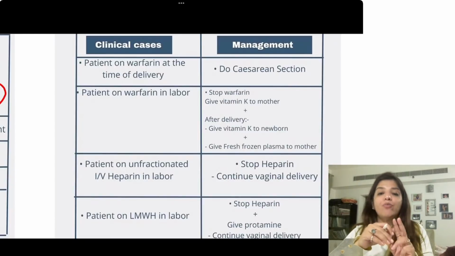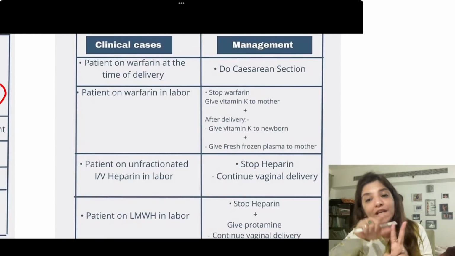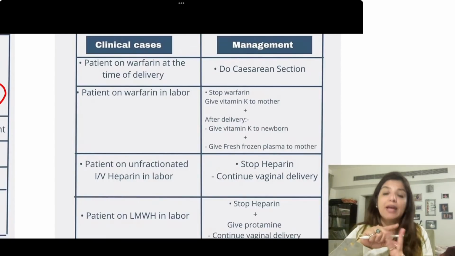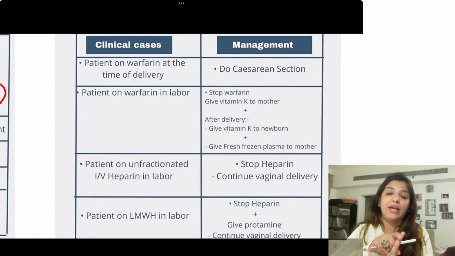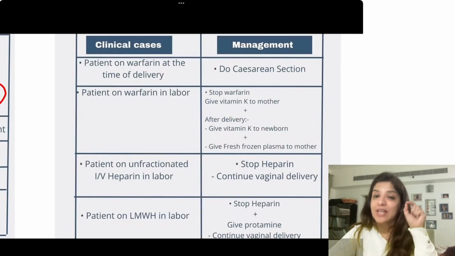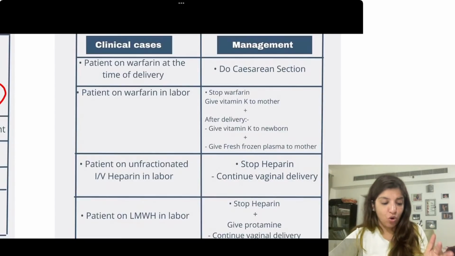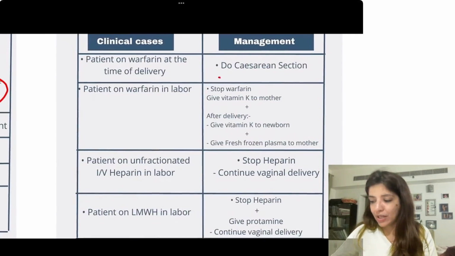Now, if I want to reduce these risks, the risk of PPH will still be there when I do a cesarean section, but the risk of intracranial hemorrhage in the baby will not be there. So if the patient doesn't come to you at 36 weeks, comes at the time of delivery and is on warfarin, then in that case, you have to do cesarean section.